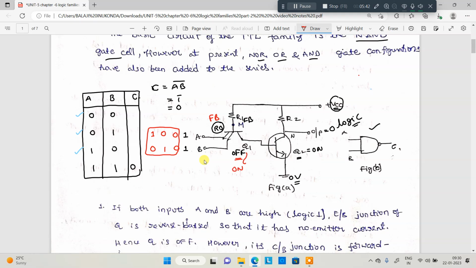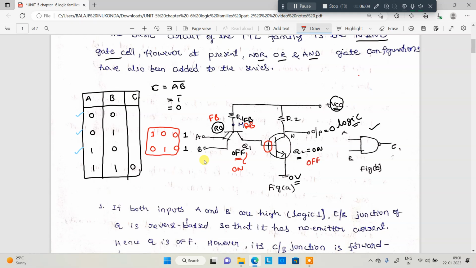Whenever Q1 is on, VCC is connected through the transistor when it is saturated. Now coming to here, the base as well as collector junction is reverse biased. Whenever it is reverse biased, there is no question of this transistor being in the saturation region. That means Q2 is in the off state now.